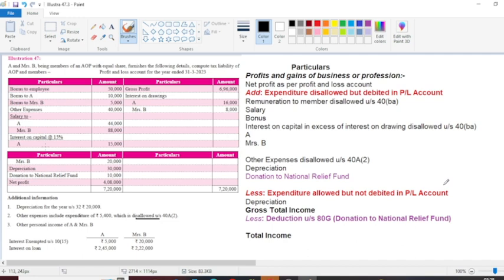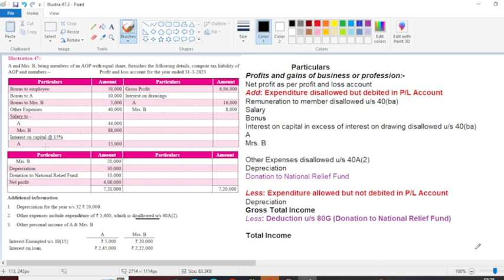From this amount we subtract 20,000 as depreciation, and also 10,000 as the deduction for the National Relief Fund. Subtracting all the deductions and allowable expenses, we get the total income of 5,82,400.